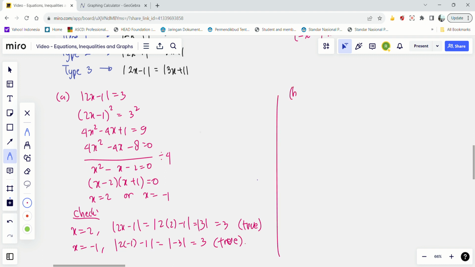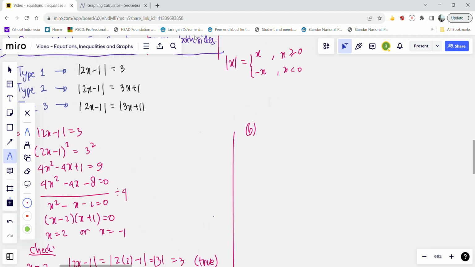Now the second type, modulus of 2x minus 1 equals a non-modulus function. Here we do the same thing again, which will produce the same thing on the left side, and on the right side we will have 9x squared plus 6x plus 1.